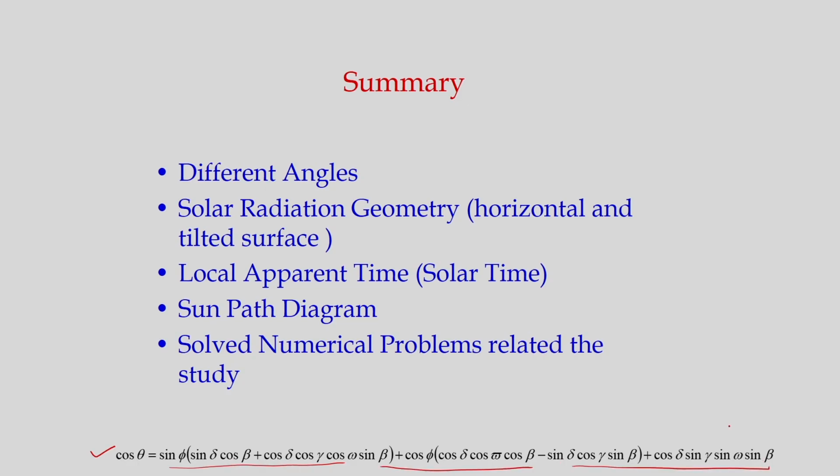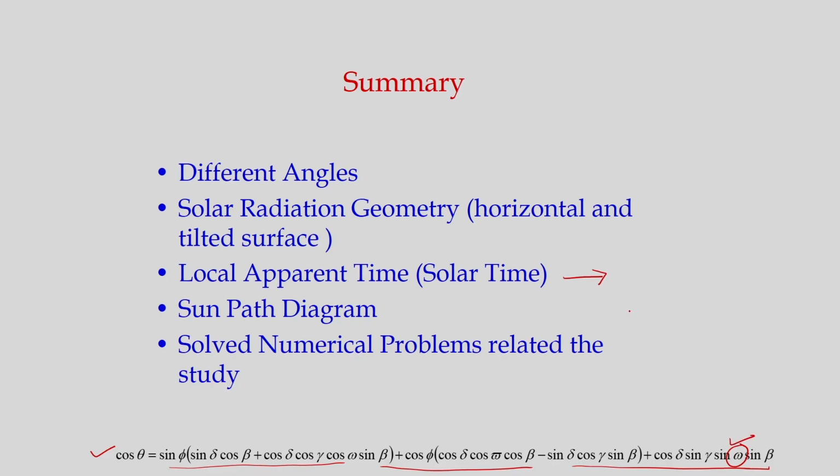And for calculation of omega, that is hour angle, we have to understand how this local apparent time can be calculated. Once we calculate this local apparent time, then only we can calculate what is omega.